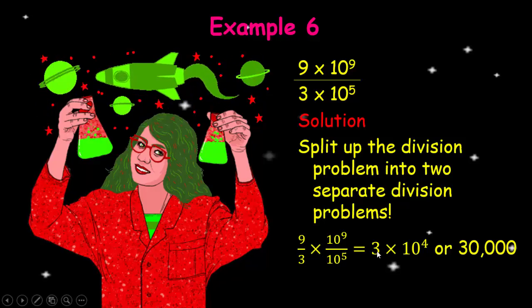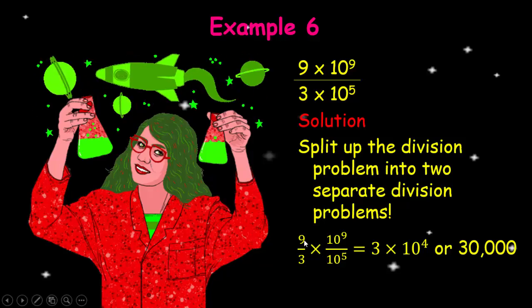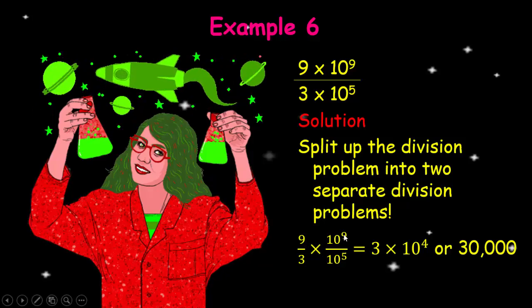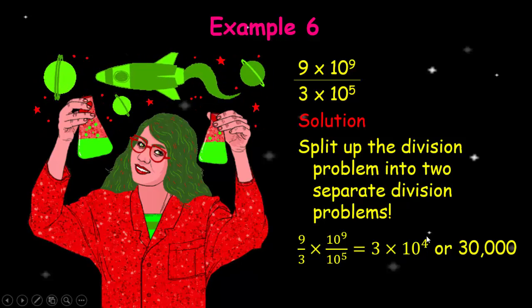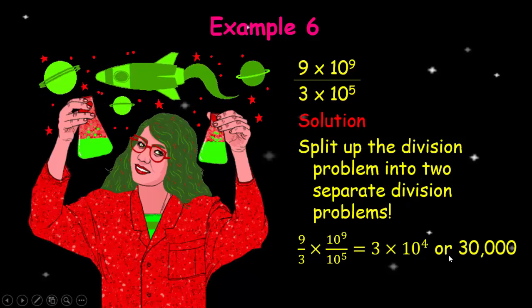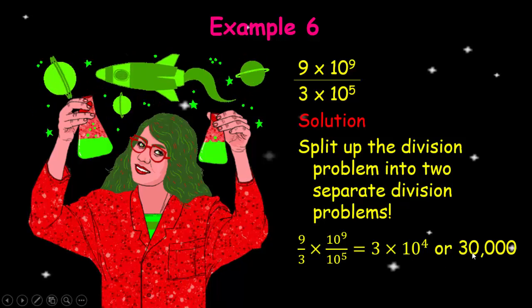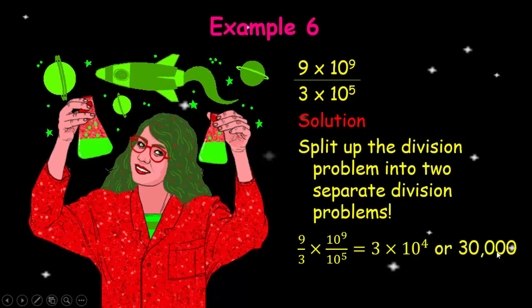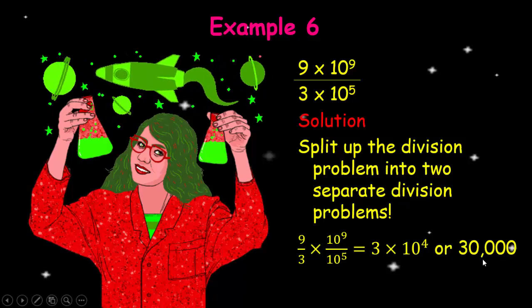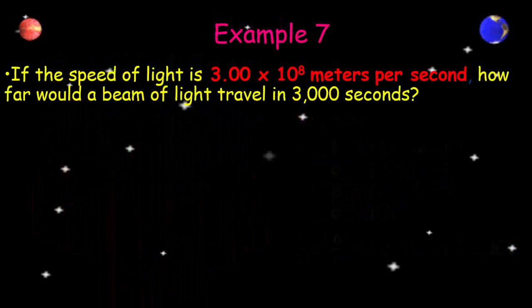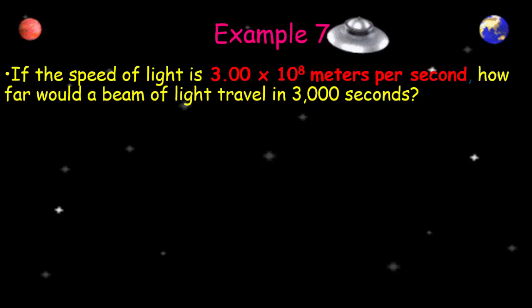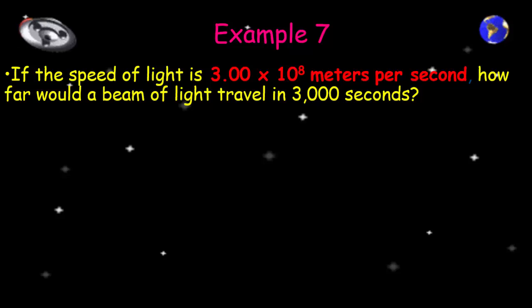So we have 3, because 3 goes into 9 3 times, and then 9 minus 5 will give us 10 to the 4th. And if we put that into standard notation, that will be 30,000.